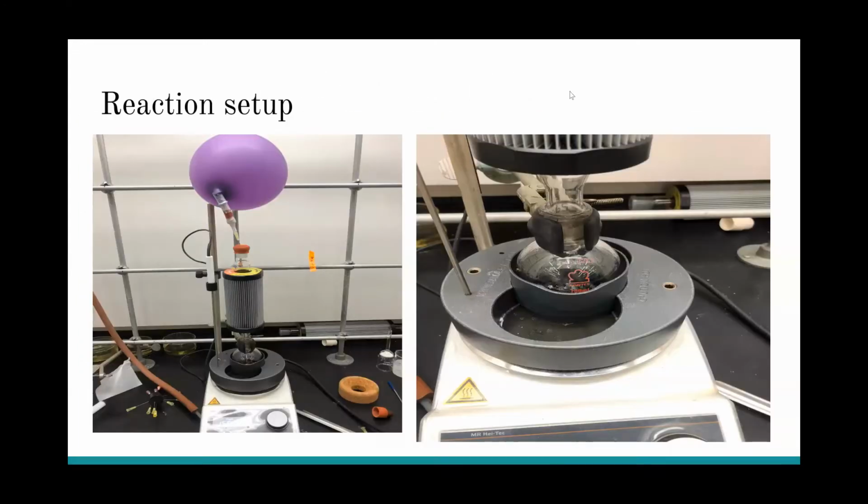So here we have a reaction under atmospheric conditions, and as you can see by the balloon on the top, it's filled with nitrogen gas. And then on the right, we have a reaction heating up to reflux with a condenser.